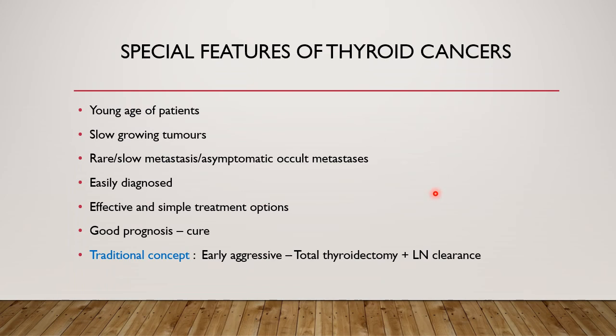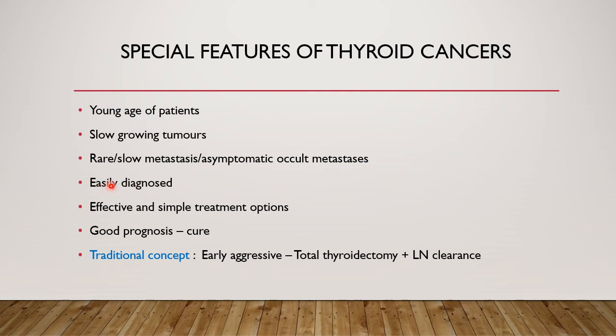There are some special features of thyroid cancers as compared to the traditional overview of cancers. Thyroid cancers affect young patients. Most of the patients are around 30, average of around 30 years of age. The tumors, especially the differentiated thyroid tumors, are slow-growing tumors, and they rarely or very slowly metastasize. And there are a lot of them with asymptomatic occult metastasis, which may be insignificant.